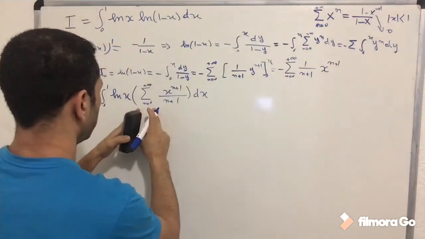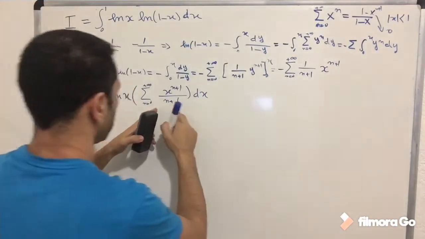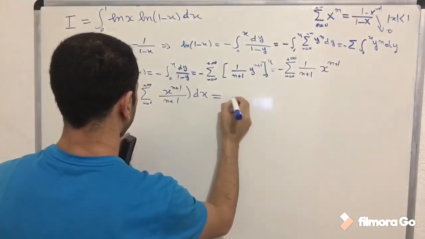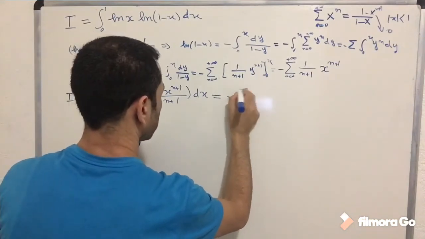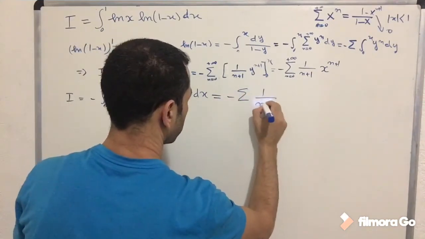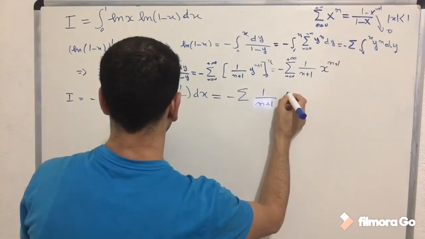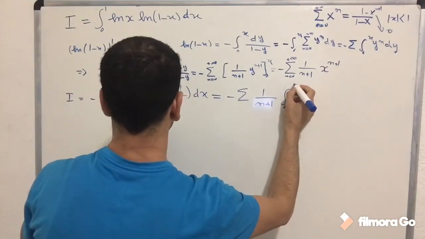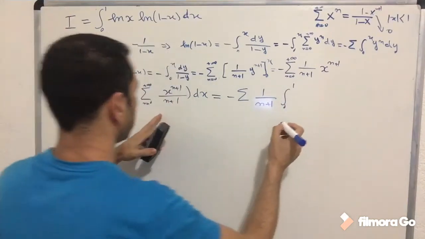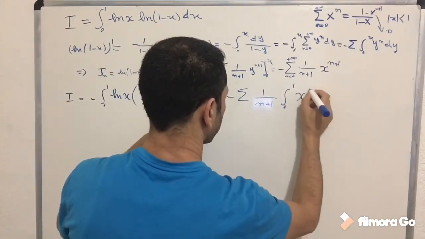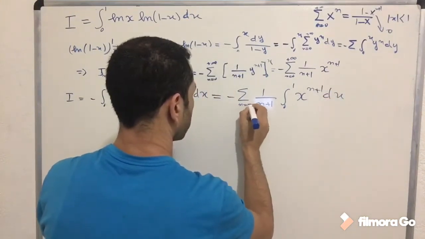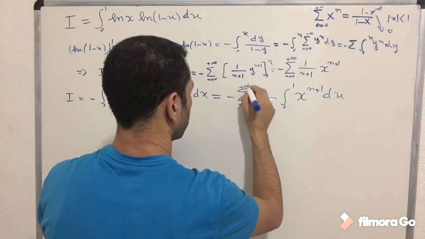We can bring the sum outside because it is considered a constant. So x to the n plus 1 dx, always from 0 to 1, and the sum from 0 to infinity.